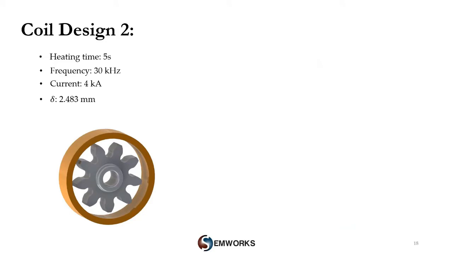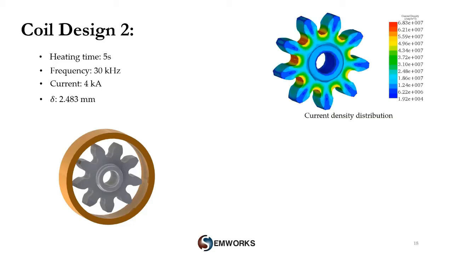Now, let's try a closed coil design, because now we know that the problem is the gap between the entry and exit ports. Let's see if the heat profile will be improved with this design. We will consider the same heating and excitation conditions as the first one. Our current now looks much more symmetric. The same goes for the temperature.